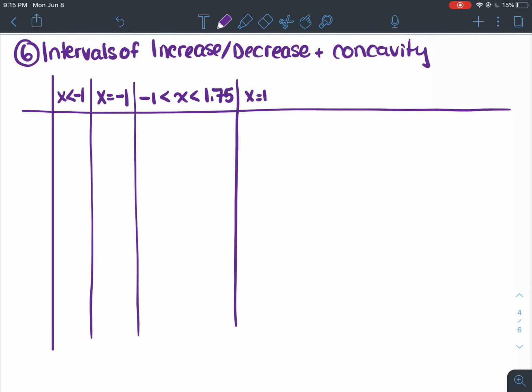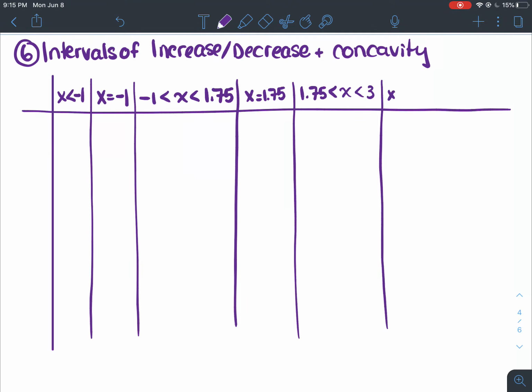Then I have a range of 1.75 to 3, my next critical point. So I got x equals 3. And then I want just everything greater than 3. So this is what I meant by how you set up your table. These sections here are your critical numbers.